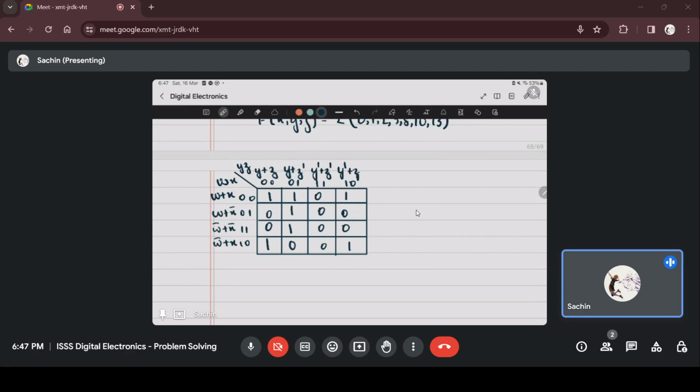Now you have to group the zeros. That can be done. First, you can group these 4 zeros. That's one quad.